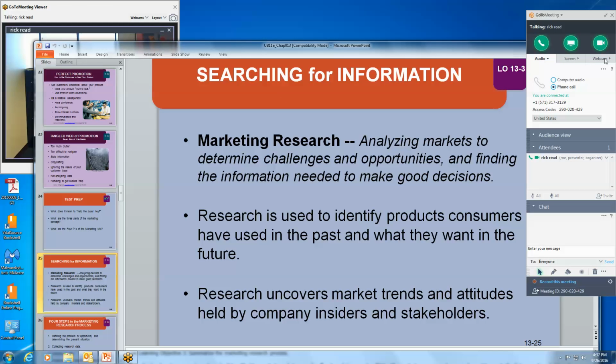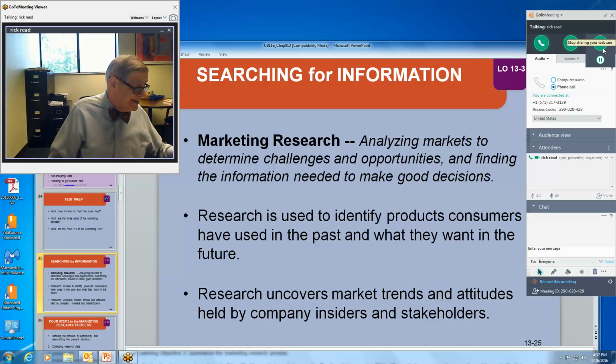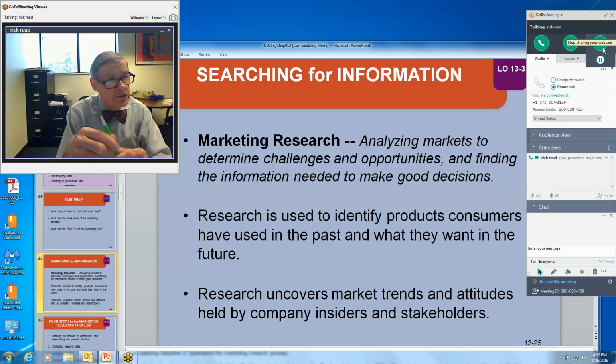Well, one of the things that any marketer has to do is what's known as market research. He or she must understand the market in which he or she is trying to sell a product, and then find out what the challenges are.